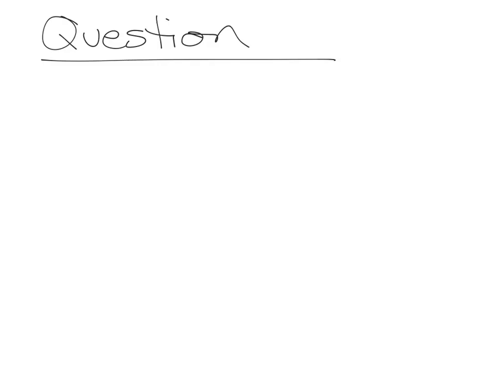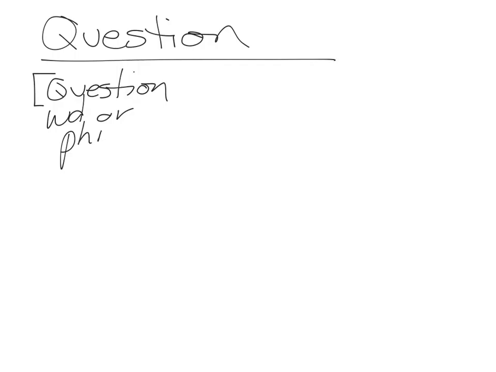The verb, that's one of the ways. What's the other one? Question word or phrase. Good. So we'll do it like this, because you could have a question word or phrase. That may or may not be there. Either way, the rest of the sentence looks the same.